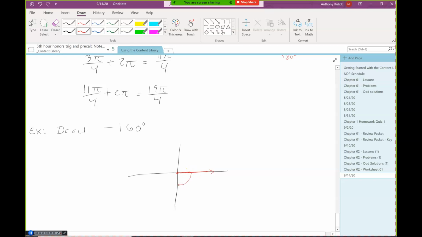So 90 and then 70 more puts us over here for a negative 160 degree angle, which is the same as a positive 200-degree angle. Those two angles are coterminal. Everybody okay with that idea?